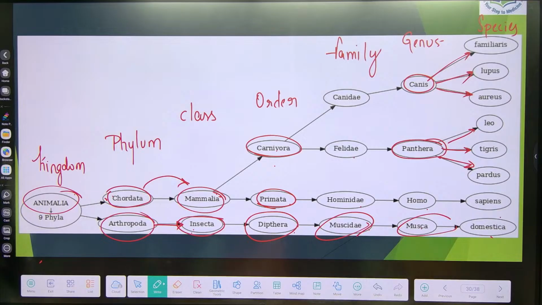Done? Make it a little fast, ma. You are left over with taxonomic aids.